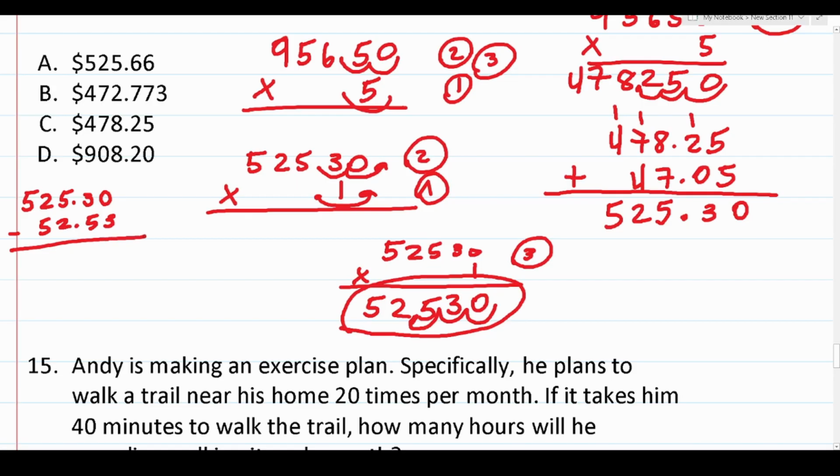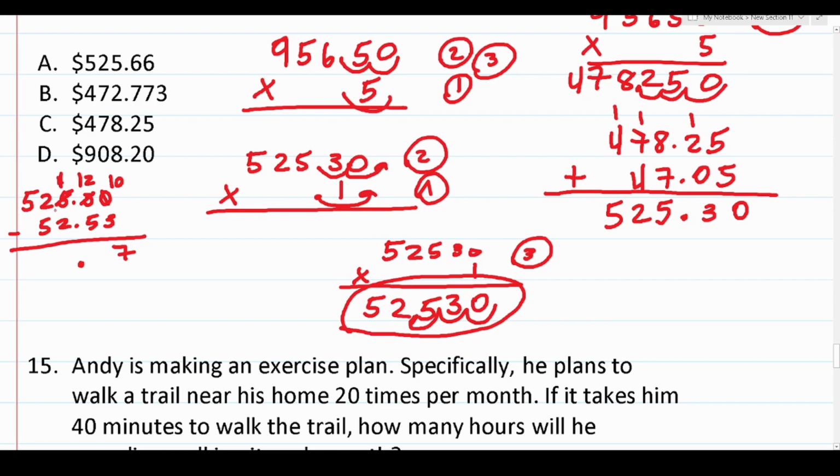0 minus 3 we can't do. And again, we're subtracting decimals here, so there's nothing to shift. We can just bring it down in place. 0 minus 3 we can't do. So we're going to have to borrow. This is going to become 2, and this is going to become 10. 10 minus 3 is 7. 2 minus 5 we can't do, so we have to borrow. This becomes 4.